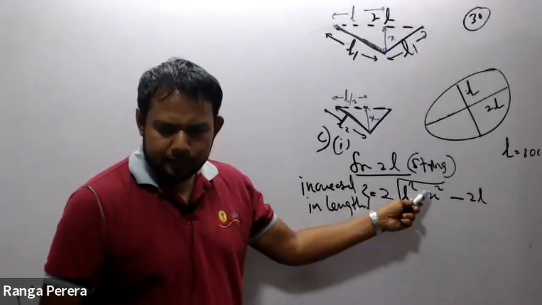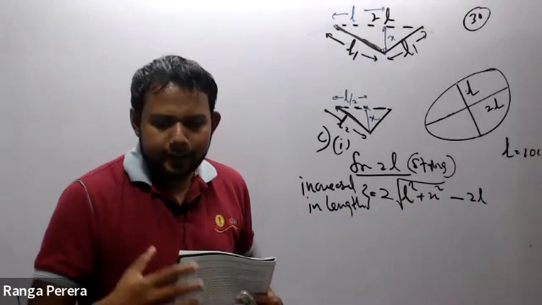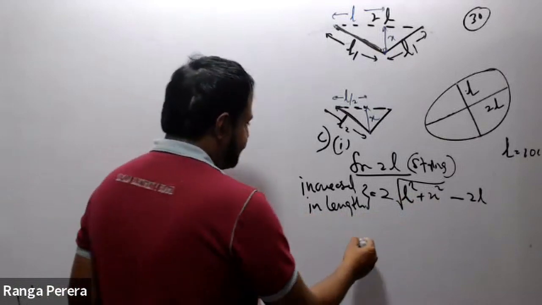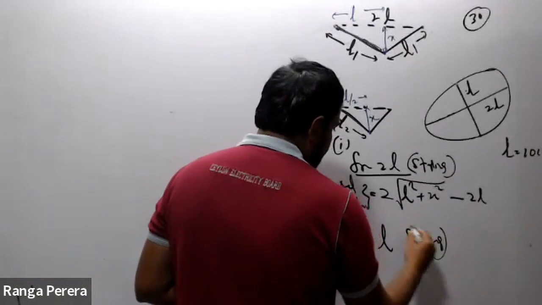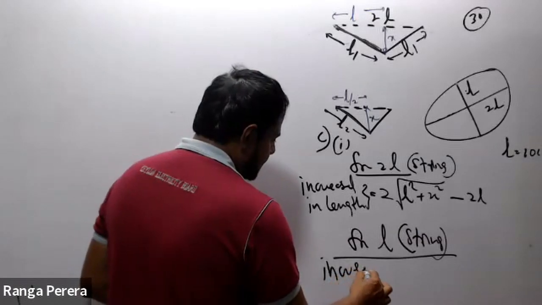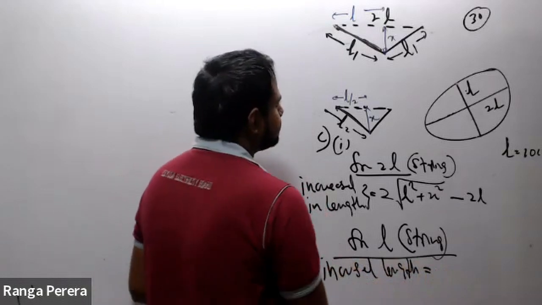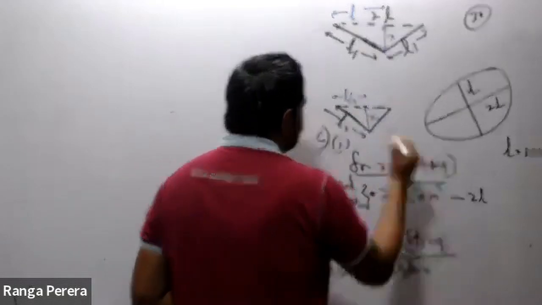Root of (2L squared plus X squared) minus 2L. Okay? It is the increase amount, the increase in length. For the L string, the increase in length equals, what is the value?